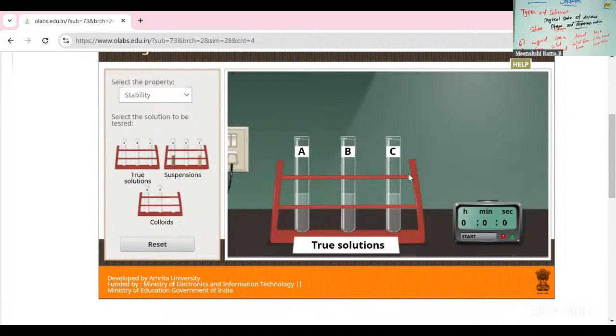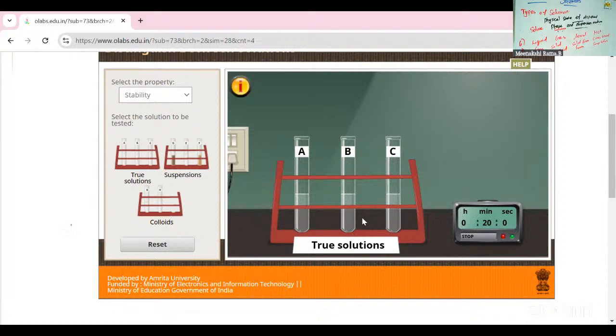There are three types of solution: sugar, salt, and alum water, and a machine as well. Now when I press that start button, yes, it is moving. With the help of the machine, we are going to understand the stability of the solution.